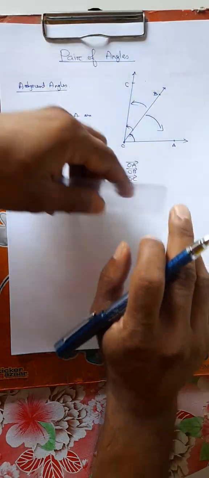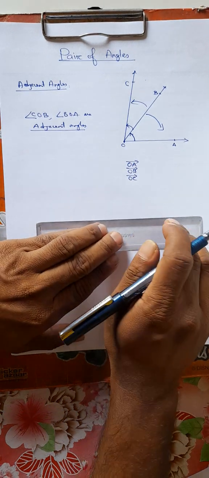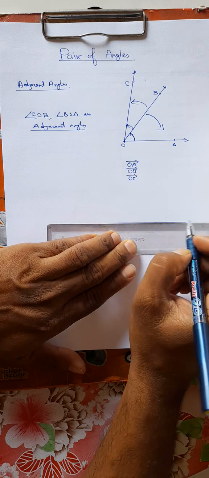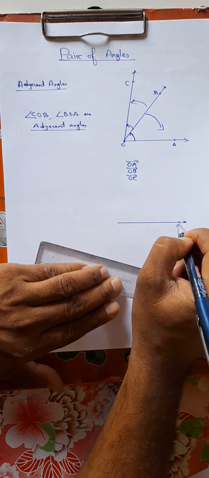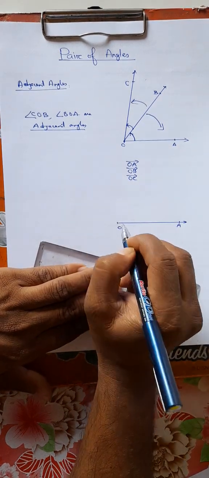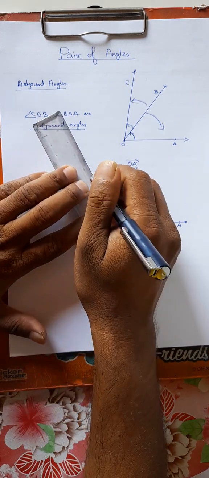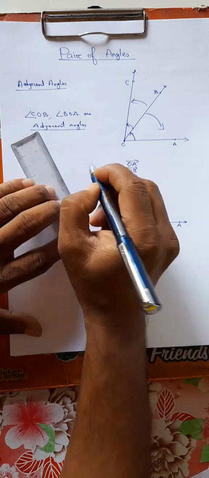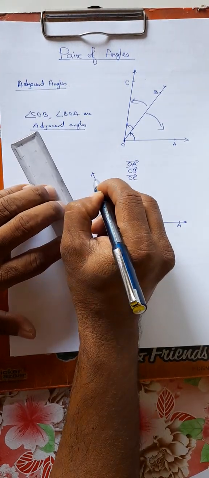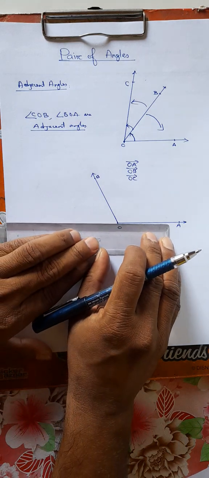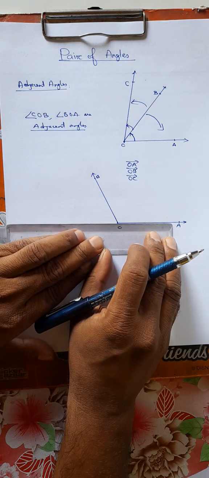Now you can form a pair of adjacent angles like this. Suppose this is ray OA. Now you form one angle like this. This is suppose B. Then you extend this ray OA to the opposite direction.